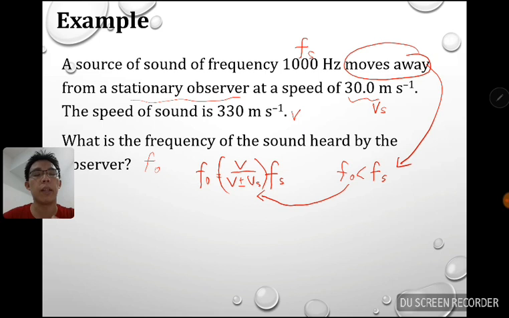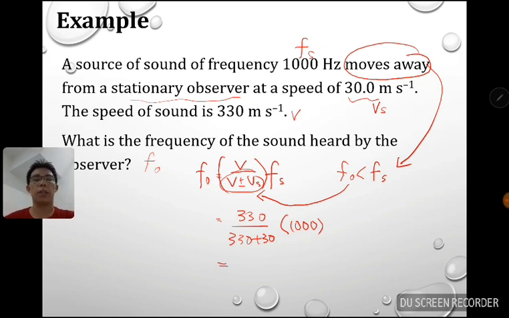Okay, how to become smaller than 1? Of course, you make sure the denominator here becomes larger. And how to make it larger? We plus it. Then it becomes larger, so the fraction is smaller than 1. So let's see. We have the 330 and 330 plus 30. So bigger than 330, therefore your observed frequency would definitely be smaller than 1000. Okay, so you can try to calculate that.